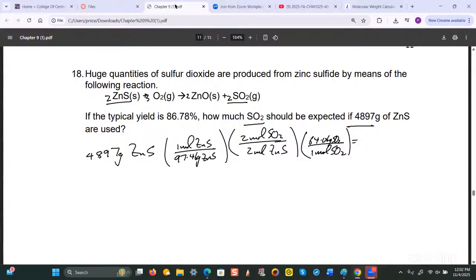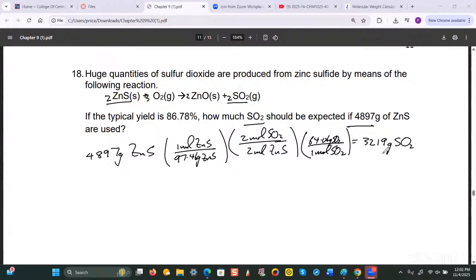So it would be 4,897 divided by 97.46 times 1 times 64.06. According to my calculation, this works out to be equal to 3,219 grams of SO2.